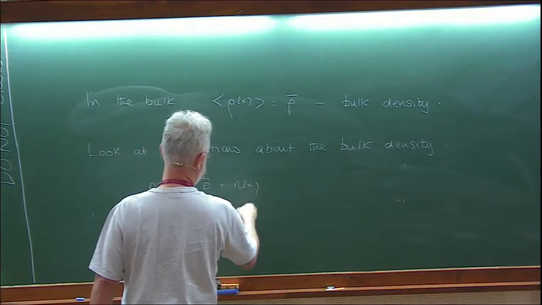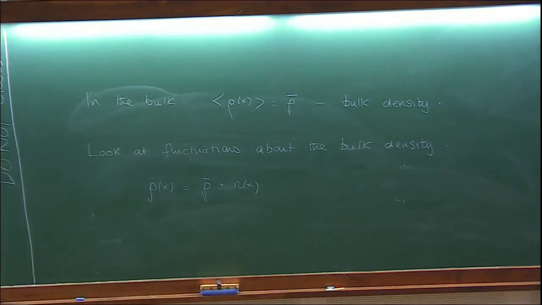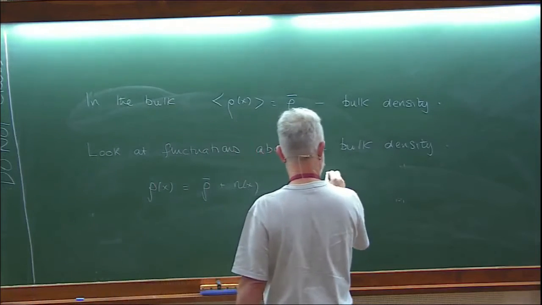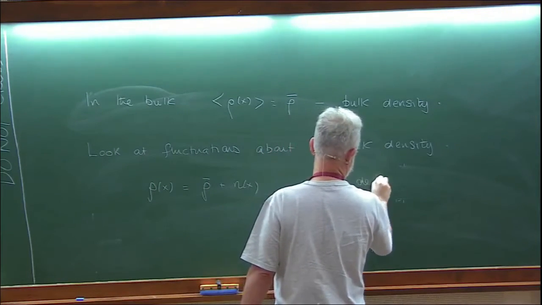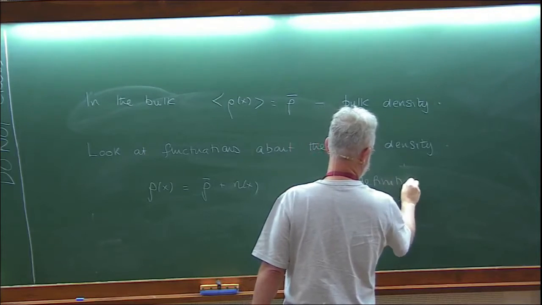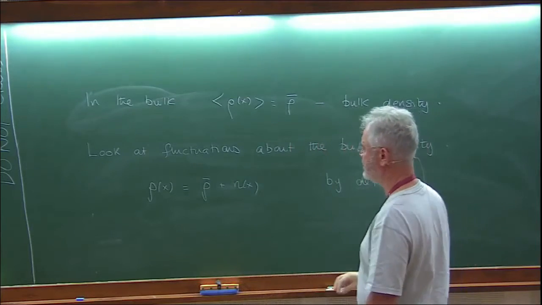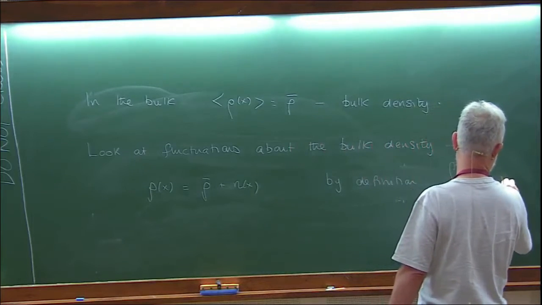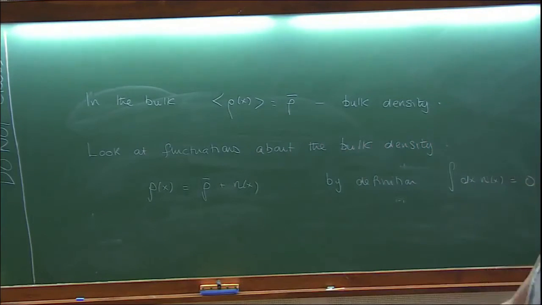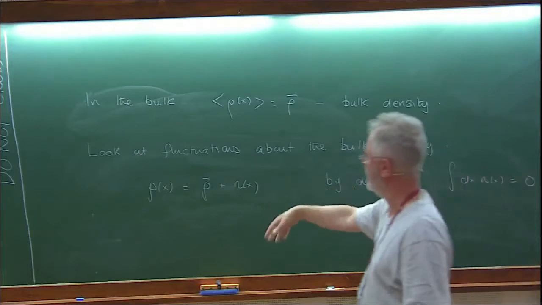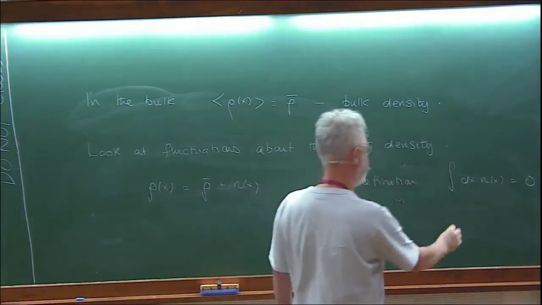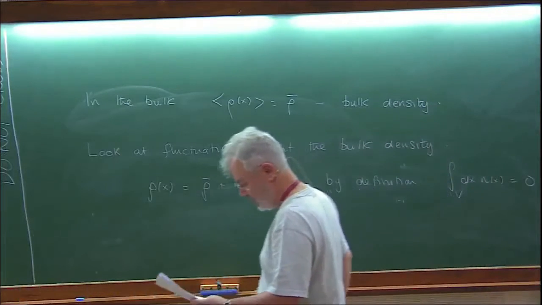So n of x is just the fluctuation, rho of x minus rho bar. By definition, the integral dx of n of x is equal to 0, because this is rho bar, so this term has to be 0 when I integrate over all the volume of the system, if I have a finite system.